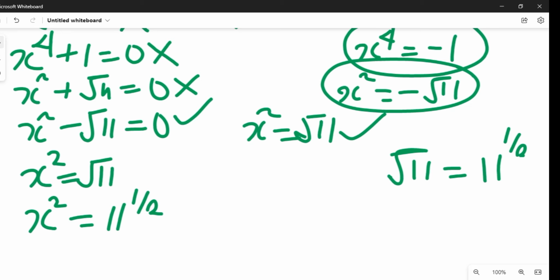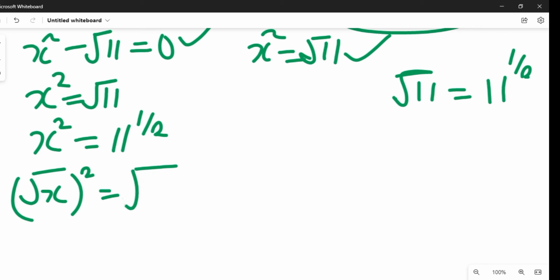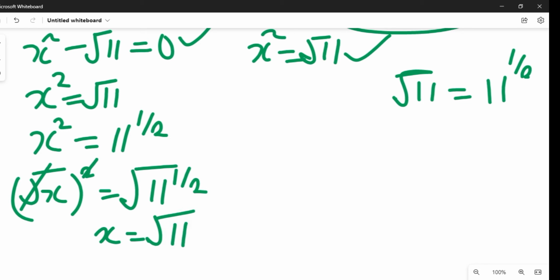So to clear the square, we need to take the square root of both sides. If we take the square root of both sides, this will give us x equal to the square root of 11 raised to power 1 over 2. This will cut this, so our x will be equal to the square root of 11 raised to power 1 over 2. And remember, this square root is also raised to power 1 over 2. So our x here will be equal to 11 raised to power 1 over 2 multiplied by 1 over 2.